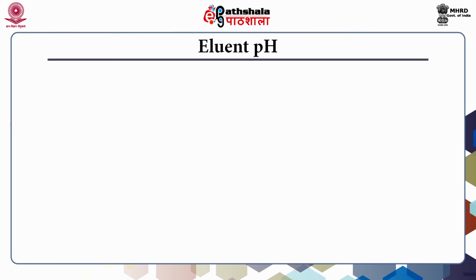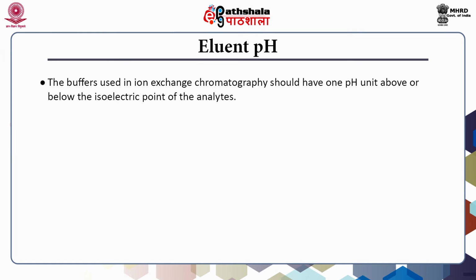The pH is a very important thing in ion exchange chromatography. The buffers that are used in ion exchange chromatography should have a pH either one unit above or below the isoelectric point of the analytes. This is a very important point.